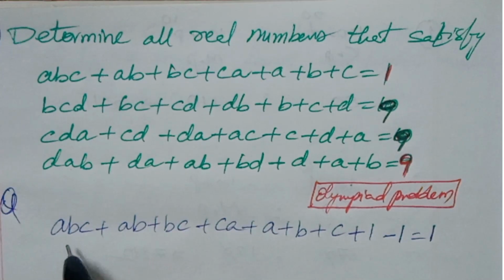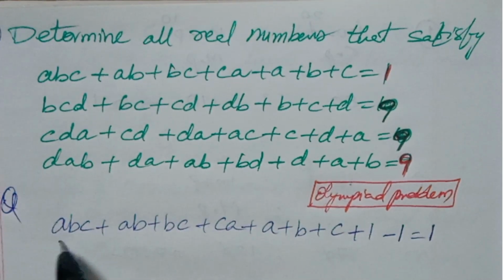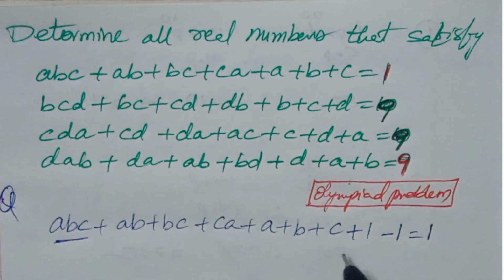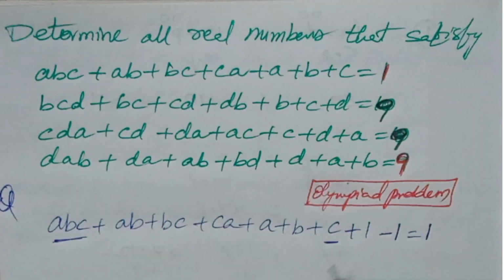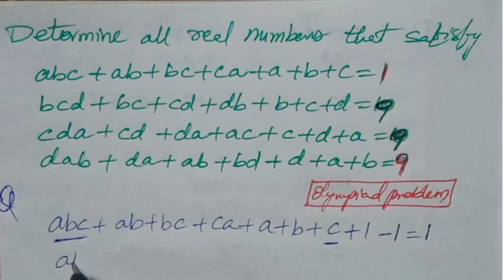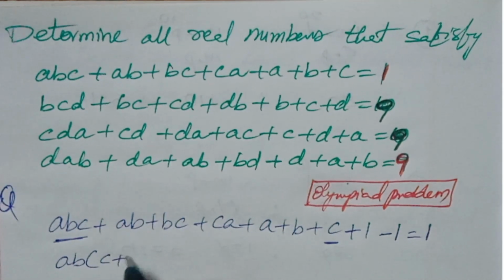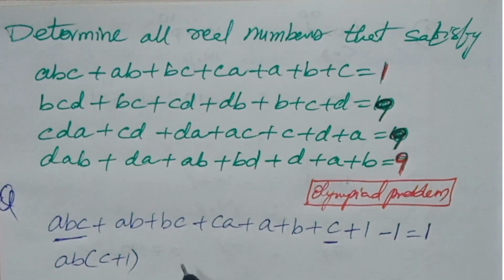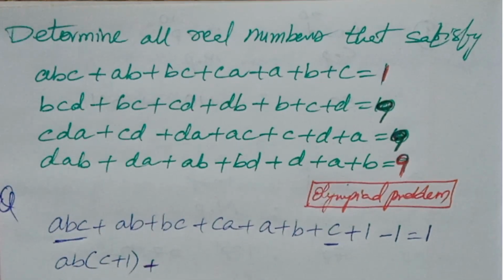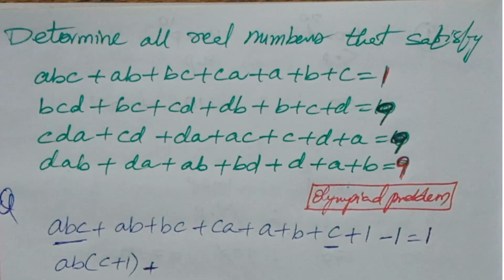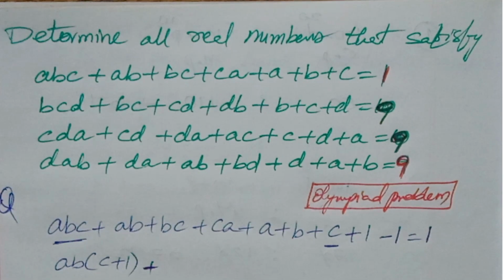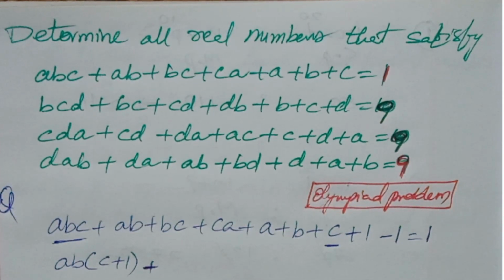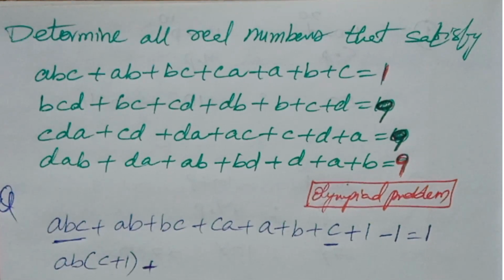Taking common, take c common in these two: ab(c + 1) plus ab(c + 1).